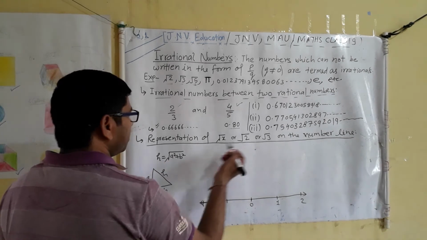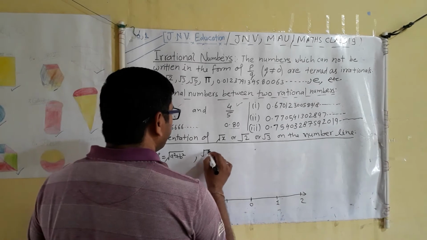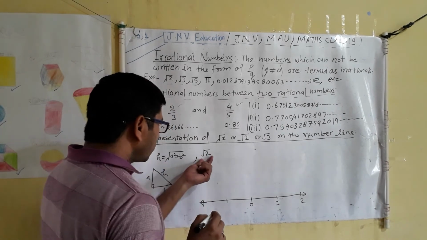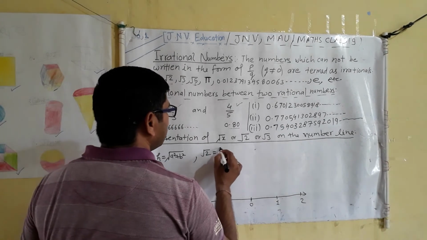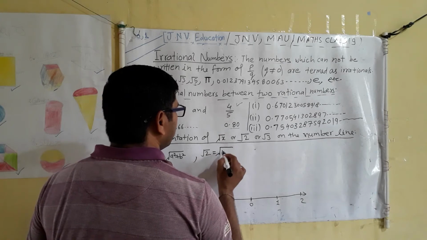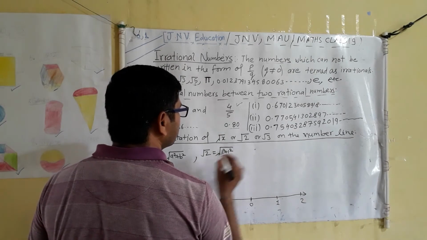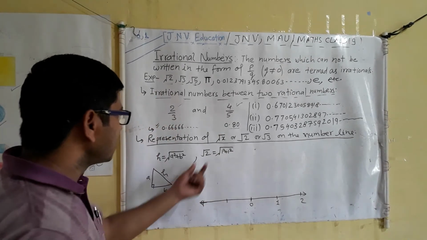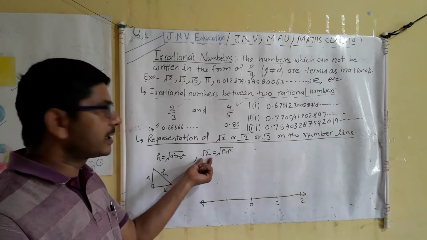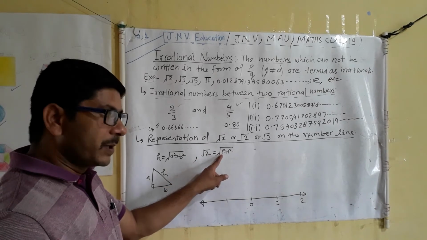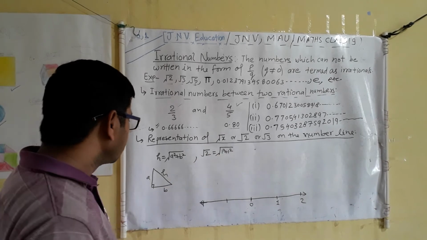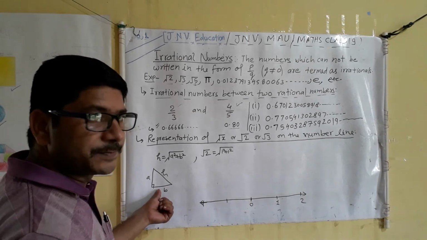Square root 2 can be written as square root of 1 square plus 1 square. This means it is the hypotenuse of a right angle triangle whose perpendicular and base are one unit.